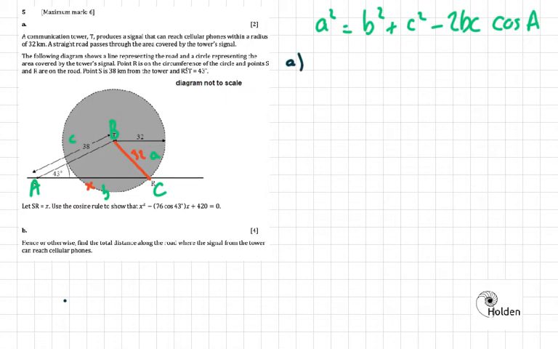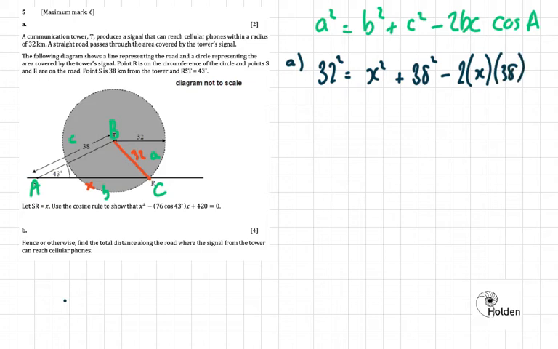So a squared is 32 squared, and that's equal to X squared plus 38 squared minus 2 times X times 38 times cos 43 degrees. Let's check where we're at. We've got the cos 43, excellent, and we've also got the X squared.